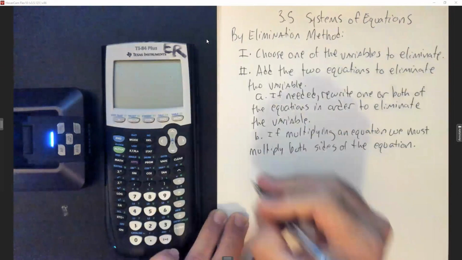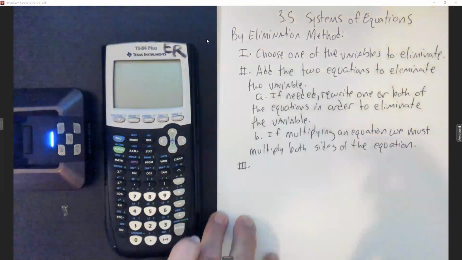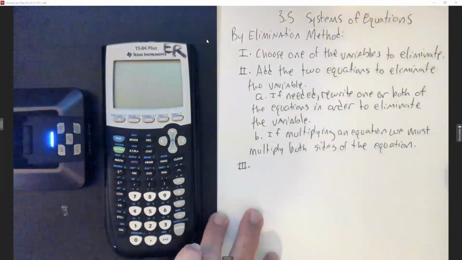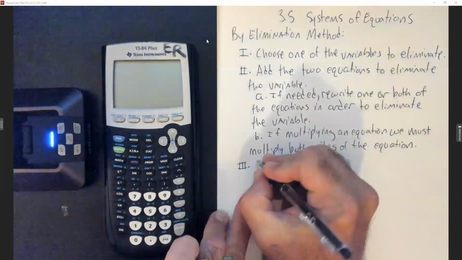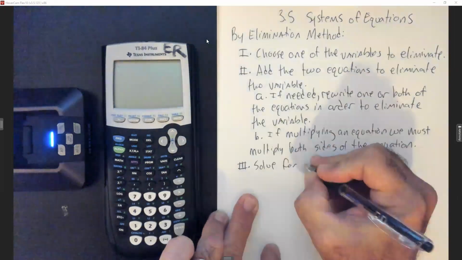All right, so then I hit number 3. Once I've got one of my variables eliminated, I will then solve for the remaining variable.